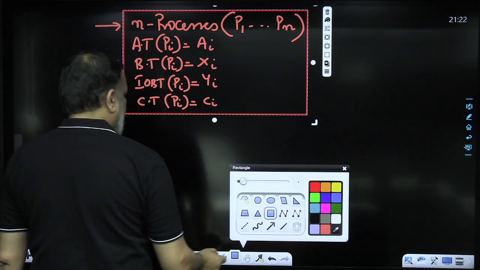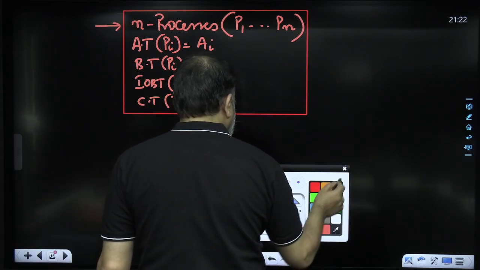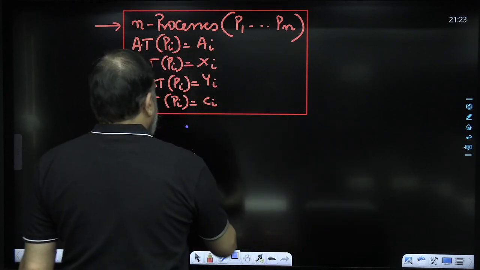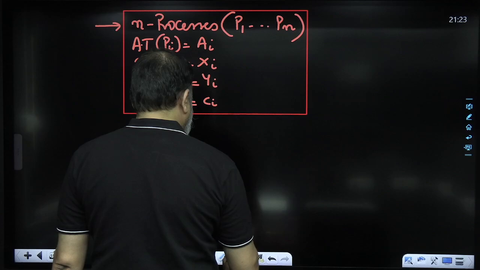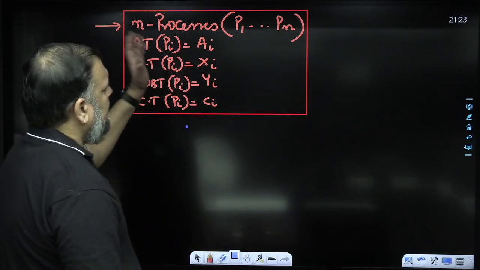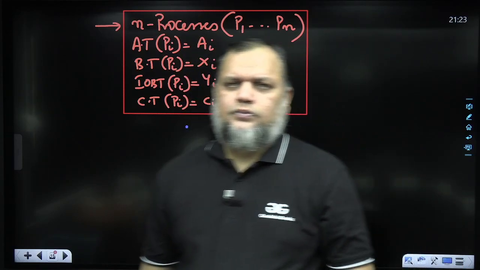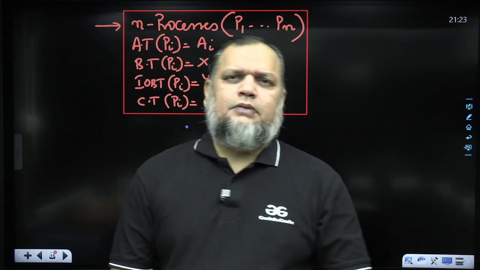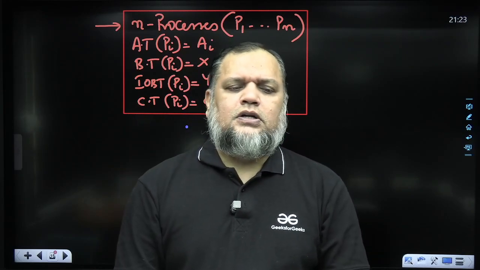Now, for a given set of 3 processes, if I take a particular value of n, like 3, 4, or 5 processes, then I can schedule them in different orders.